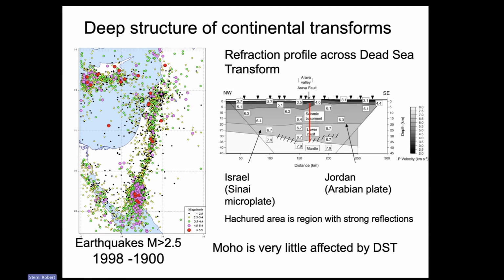Why would the transform go there? When I started teaching this course, I was always puzzled that the fault wouldn't be right along the crustal boundary, but it's not. And the sorts of things that we've learned in this class will help us understand why that is.